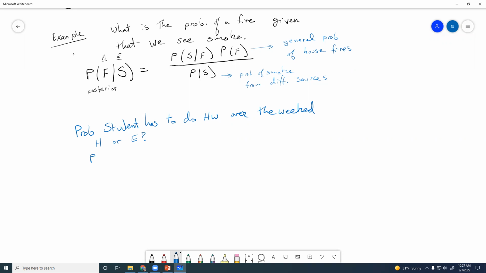So it's the probability, so we'll just say, of homework given our observation that they're an engineering student, versus the probability of homework given, I don't know, I think everyone's probably doing homework over the weekend. Maybe less in the business school, but okay, given business. Yeah. Okay. I like it.